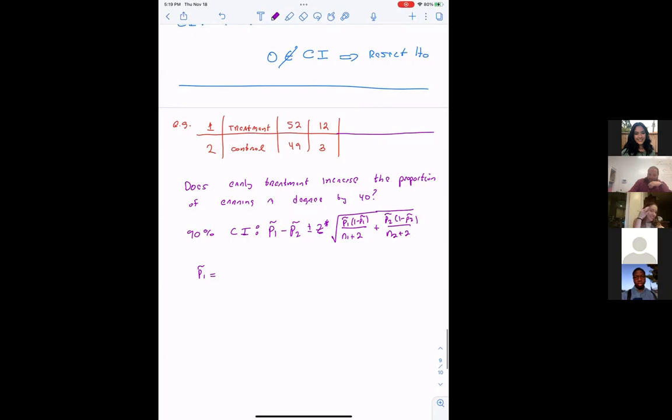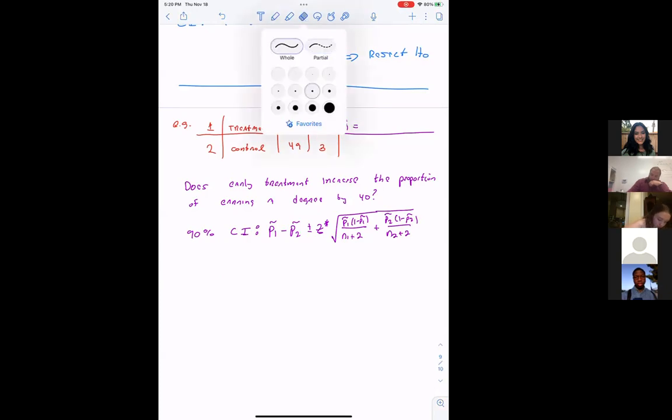So first, what's P1 hat? Let's start there. What's P1 hat equal to? As a fraction, what's P1 hat?